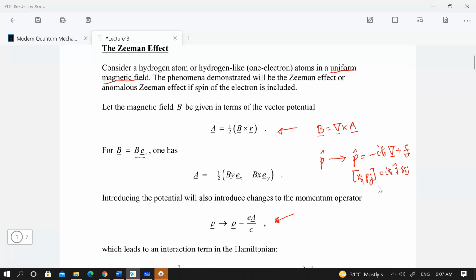I'm trying to explain this in a better way, but essentially, if you have the full theory, there will be an extra term, which is not considered here, of course, that talks about the electromagnetic field momentum.